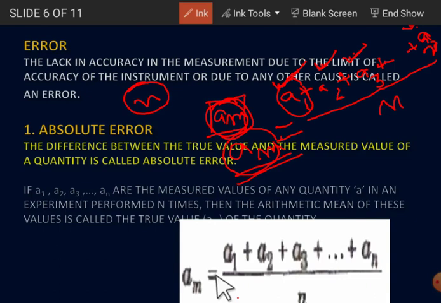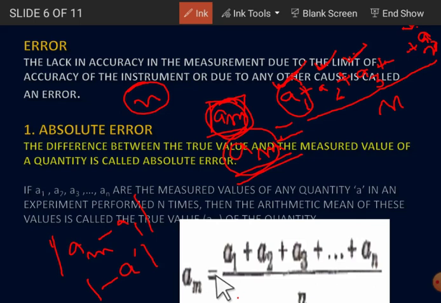So you need to take the modulus of a_m minus a1, whichever is greater. Suppose a1 is larger than a_m, then it will come out as minus something.